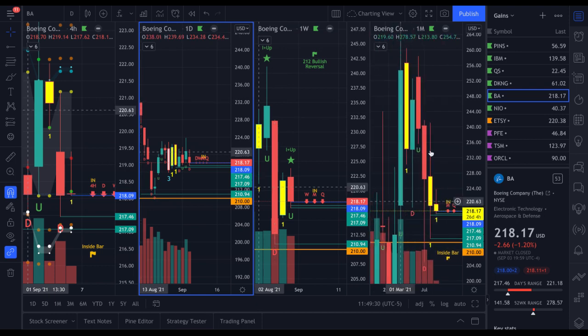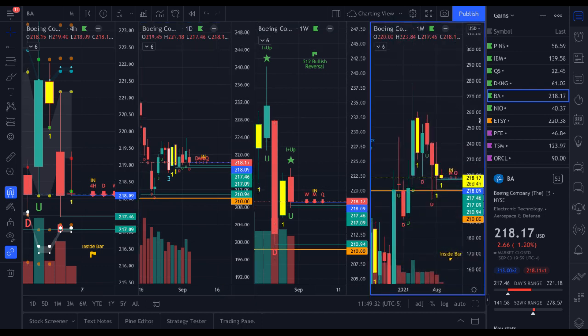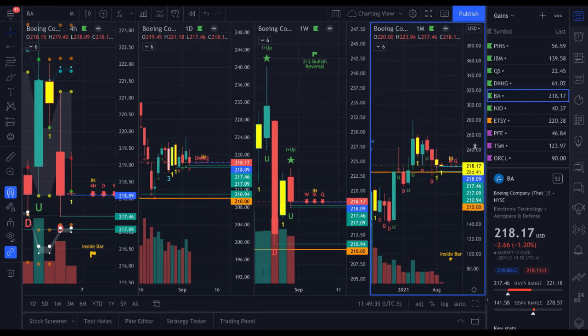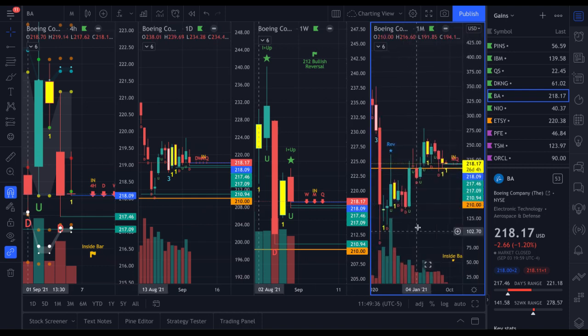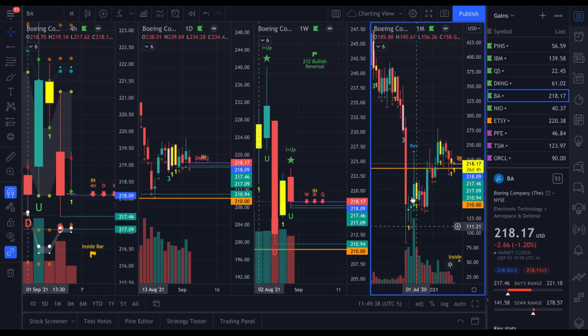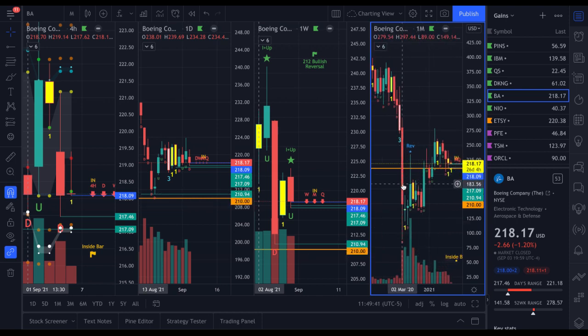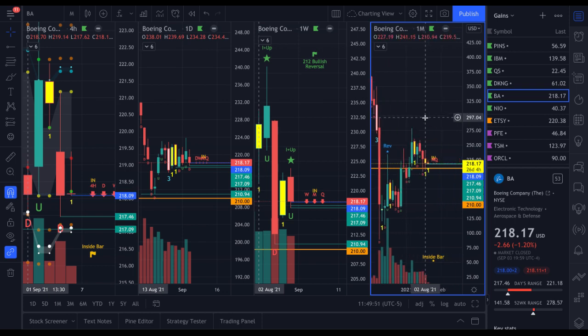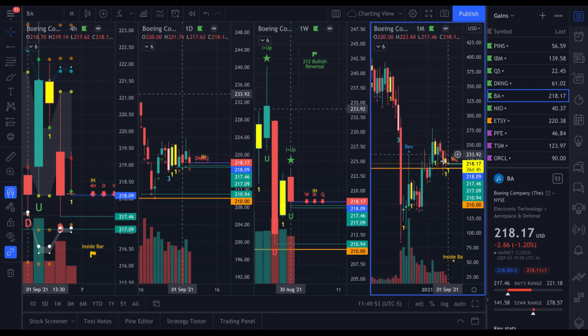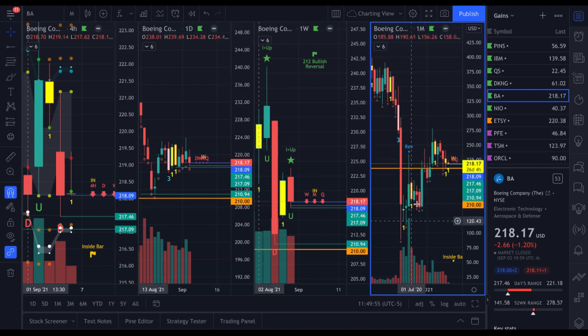Another thing to note about Boeing, if we go to the monthly chart and take a look. So this big drop here is March 2020, the COVID-19 drop in the market, and we've not recovered to those price levels yet. So you can notice that consolidation here as well. So we dropped, came up, came down.